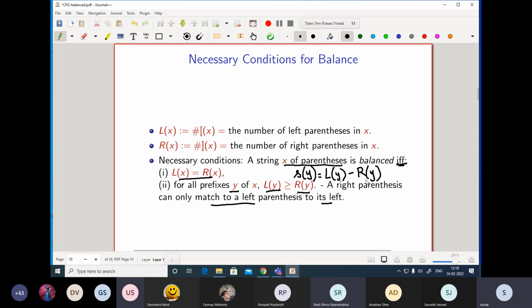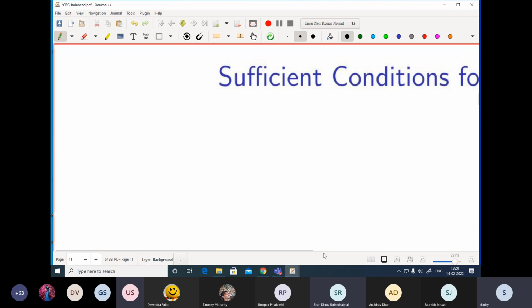And the claim is that x is going to be balanced if and only if for all prefixes y, the surplus function for y is greater than or equal to 0. Okay, so it's easy to see that these are necessary conditions.